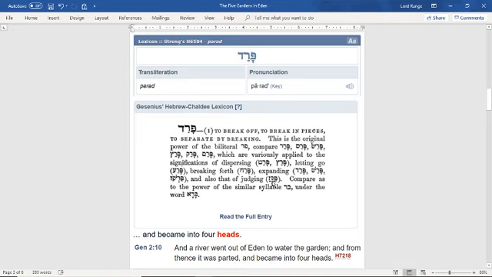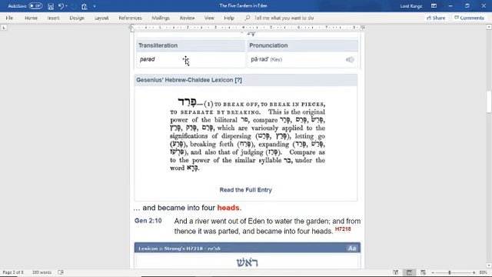His studies probably go a little deeper than what I particularly do, so it's a good resource to use while you're studying scriptures to understand the etymology and what these words meant back then. A lot of people confuse the meanings of words today with what they meant back then, and back then was a totally different world. Things were not the same. The meaning of words was not the same.